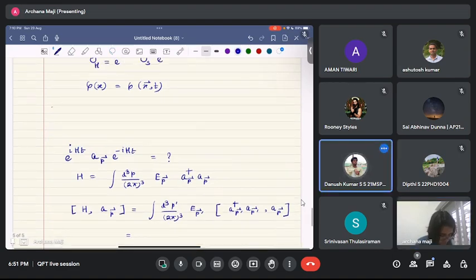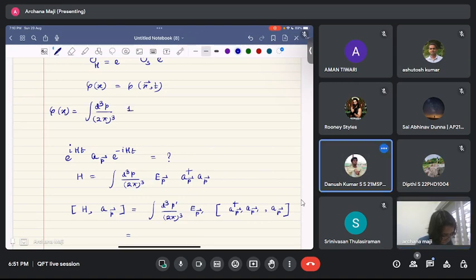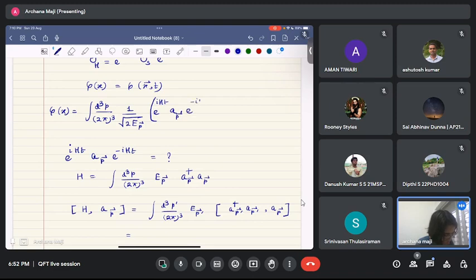So phi Heisenberg will be equal to the integral of d3p over 2 pi cubed, 1 over square root 2 E_p, e to the iHt a_p e to the minus iHt, plus e to the iHt a dagger_p e to the minus iHt.